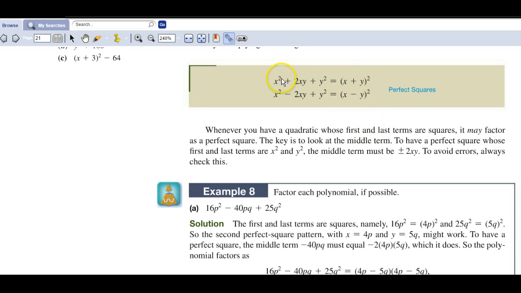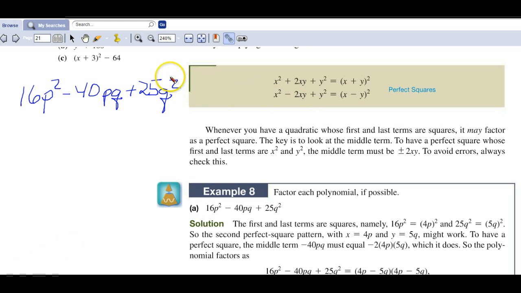Square this, get that. Multiply these two together, double it, get that, square that, and it applies. These are called perfect square trinomials. You can recognize that. They're factored into a binomial square. So let me set one up for you.